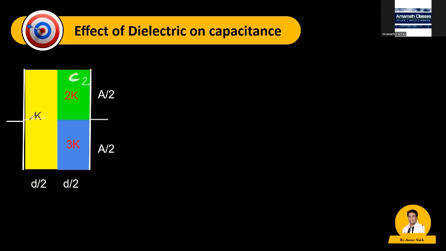And I'm taking this part's capacitance as C1, this part's capacitance as C3 and this part's capacitance as C4. That is C4 and that is C1. C1 is from here to here, okay?